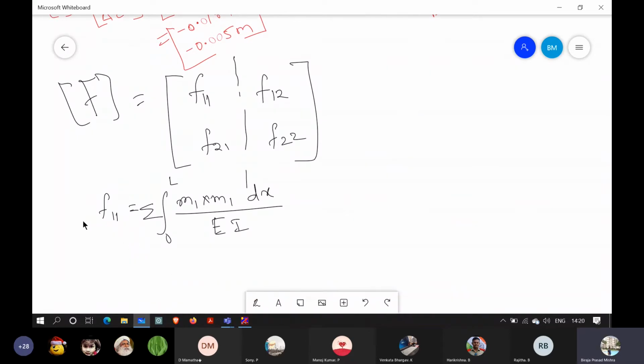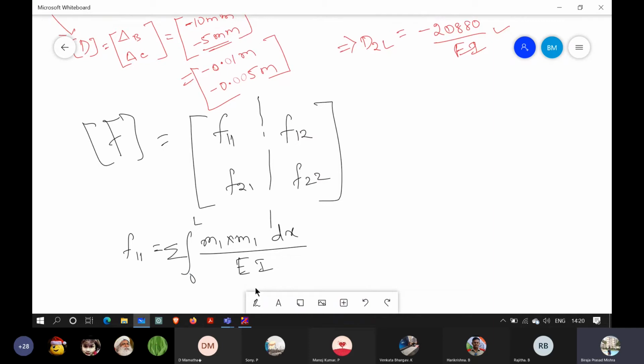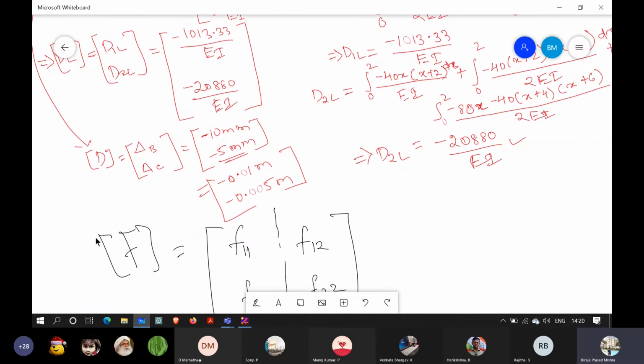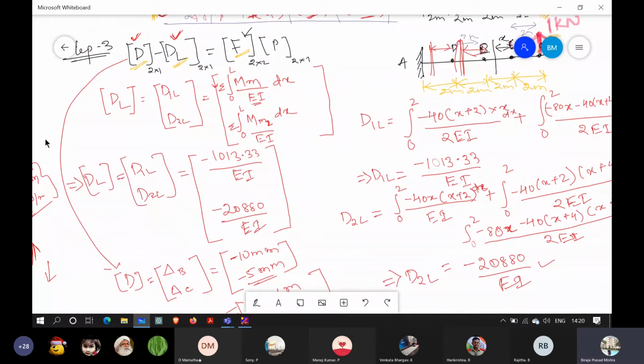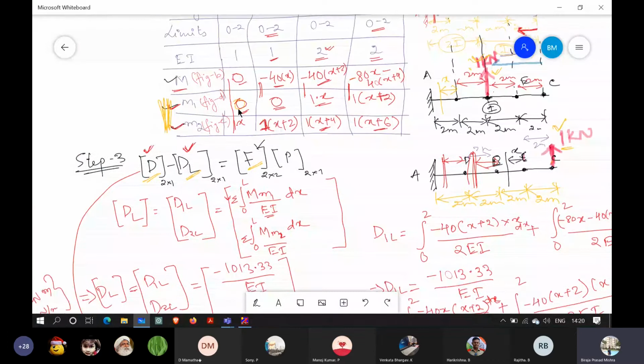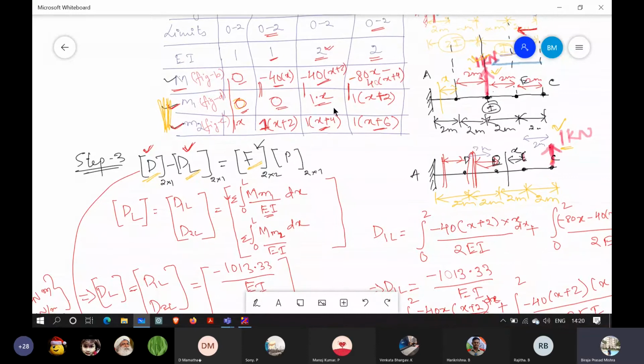M1 and M1 means M1 square. For each section, M1 square is 0 here, and again M1 square is 0 here.